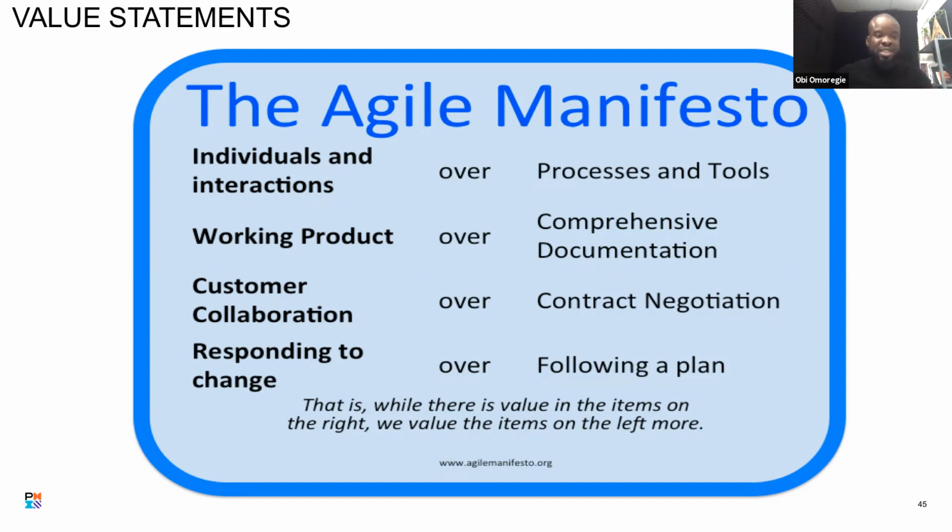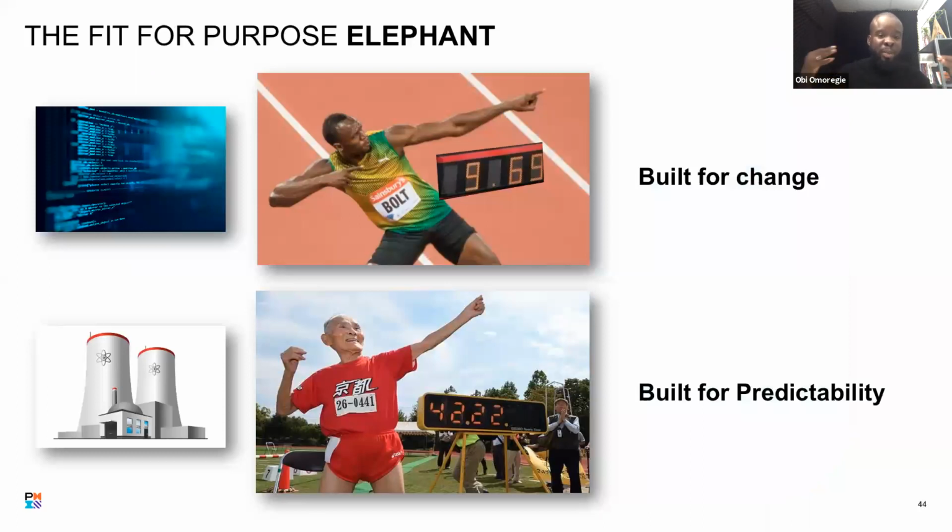So in Agile practices, they still value documentation, negotiation, following a plan, and processes. They just value the left-hand side more than the right-hand side. But everything that you have on the right-hand side still happens and is still valued when it comes to Agile practices. So when it comes to your organization, think about it and ask yourself, are we built for predictability or are we built for change? Before you even start the whole concept of what methodology do I adopt?